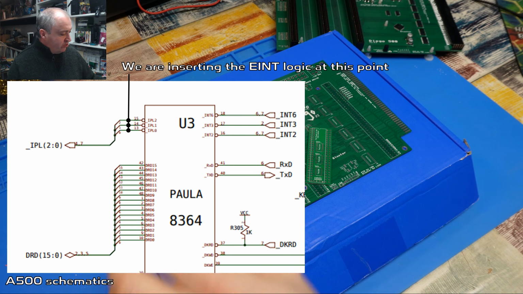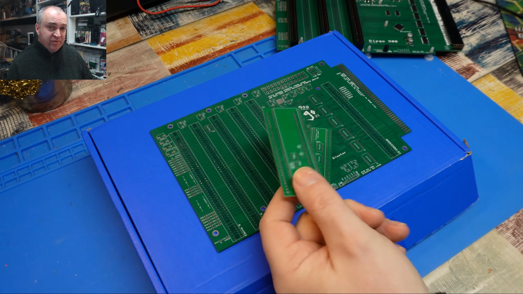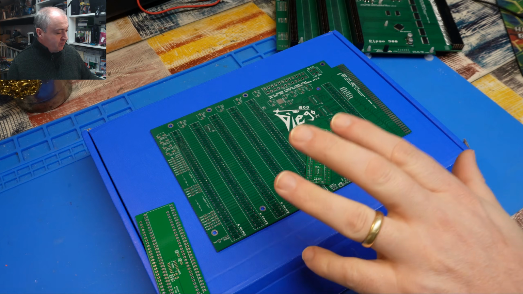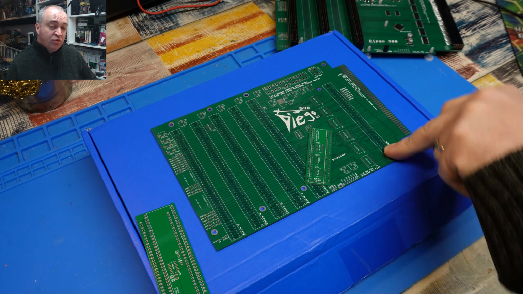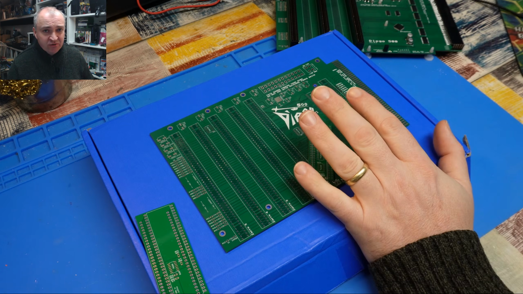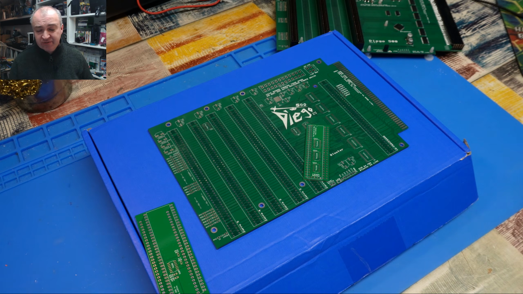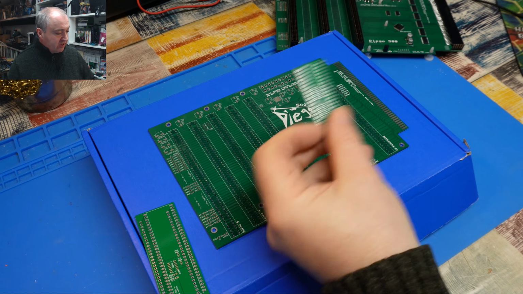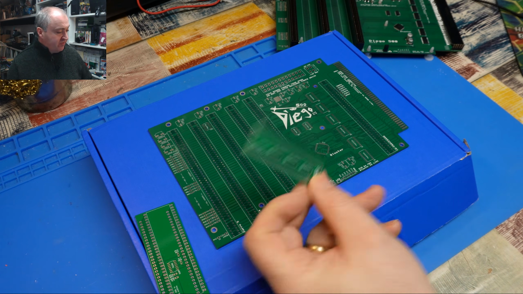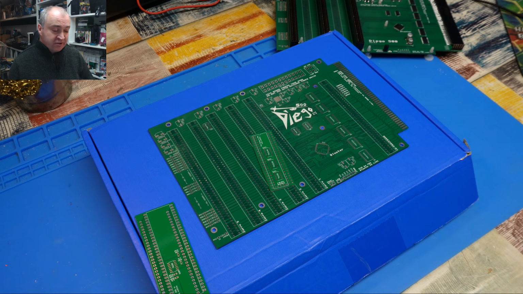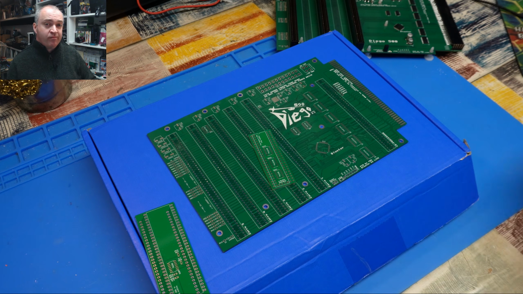In theory, we could possibly do it at the CPU, or we could even do it out here if we forced people to always use this coprocessor slot. But I didn't want to do that. I wanted to leave this as open as possible to different configurations. So if you've got something that needs the extended interrupts, this has to go underneath Paula, and you need to run 4 wires from there to there.